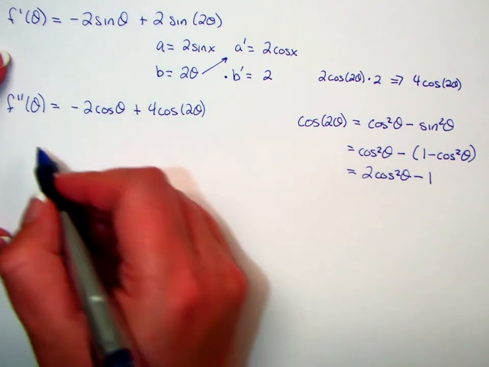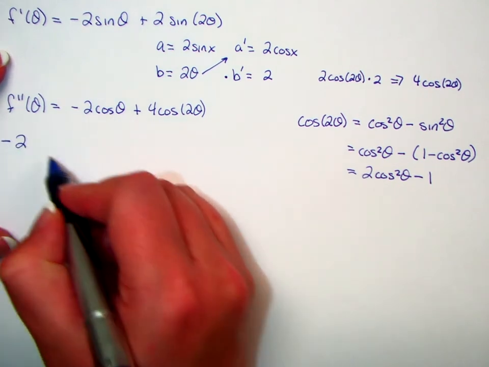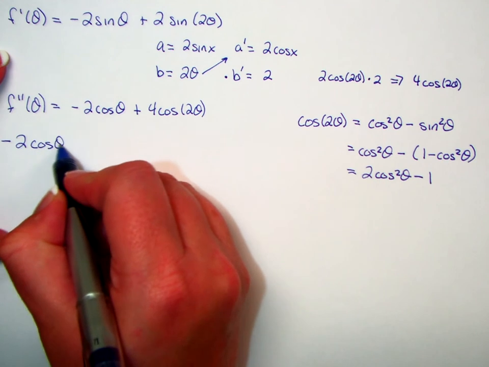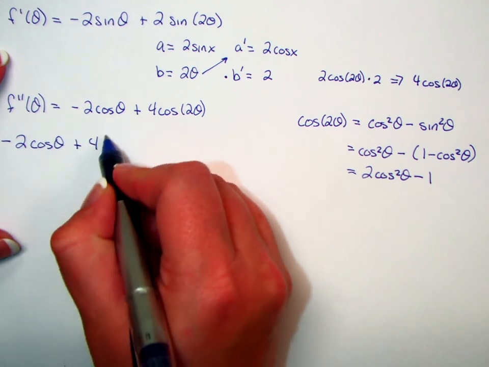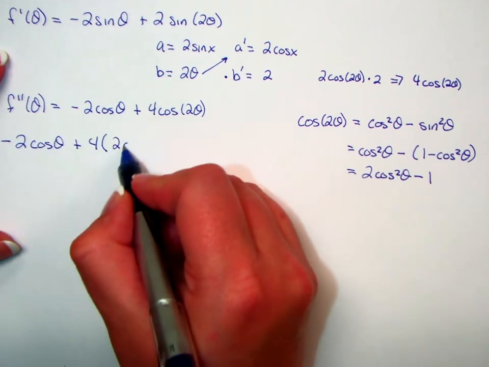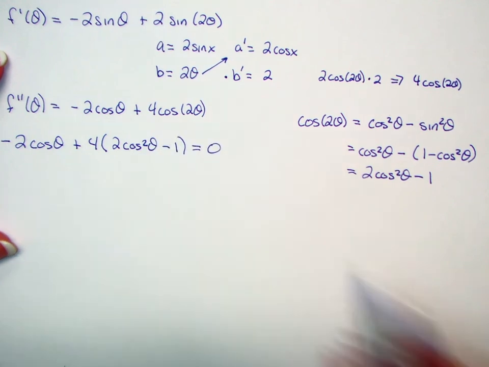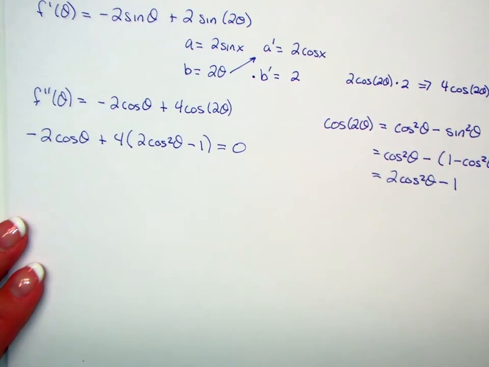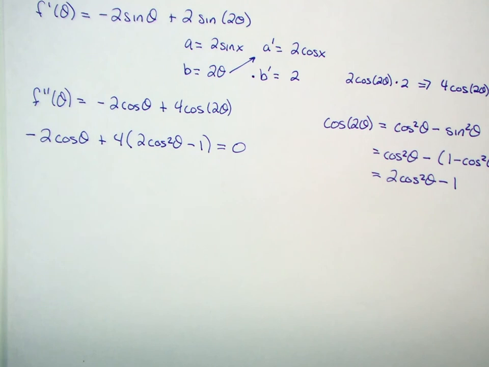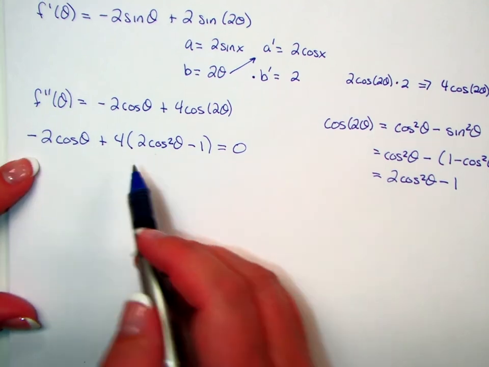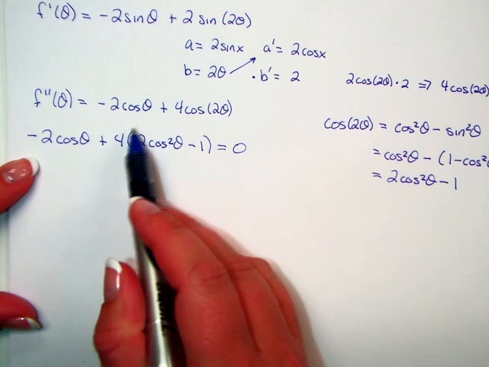Oh, and I'm going to set it equal to 0. So I'm going to get negative 2 cosine theta plus 4 times 2 cosine squared theta minus 1 equals 0. Right? This one's quadratic. This is fun. Here we go. I'm going to go ahead and distribute the 4.